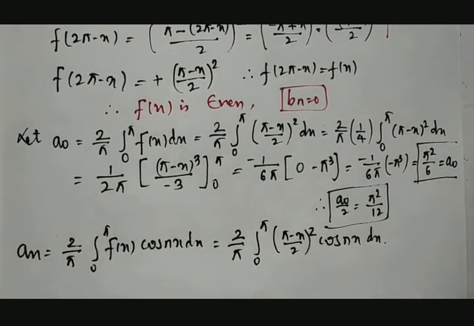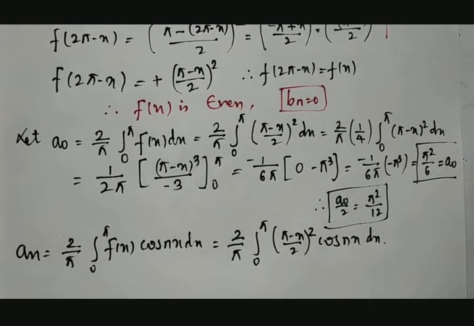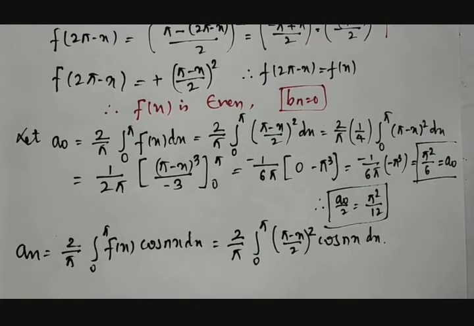Therefore again what we do, we will be taking 1 by 2 square, which is 4, that will be taken out.